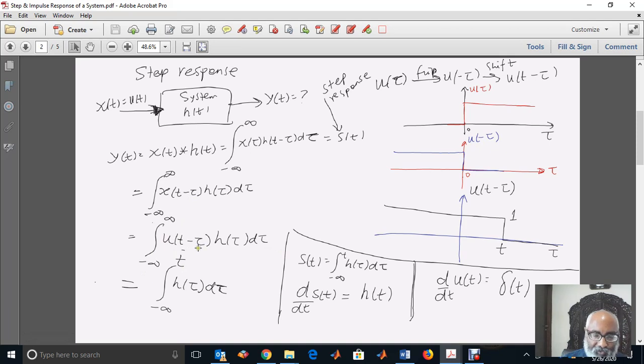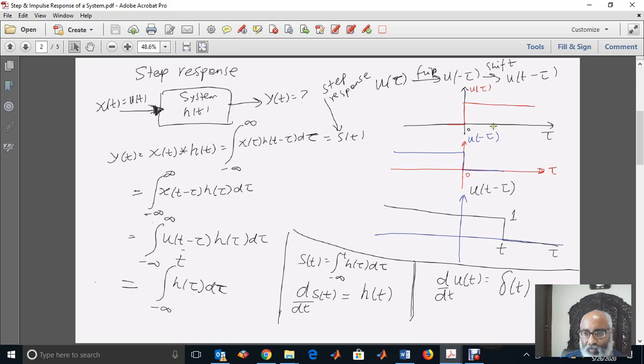So what do we have to do for this convolution? First, we have u(tau), we flip it and we shift it. U(tau) is this, your axis is tau now, so it is 1 for tau greater than 0, like this.